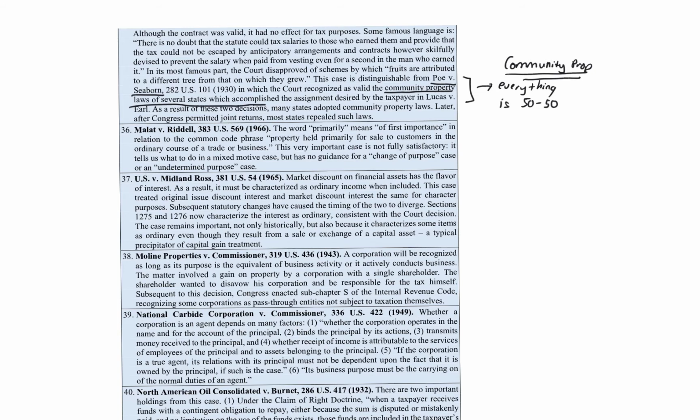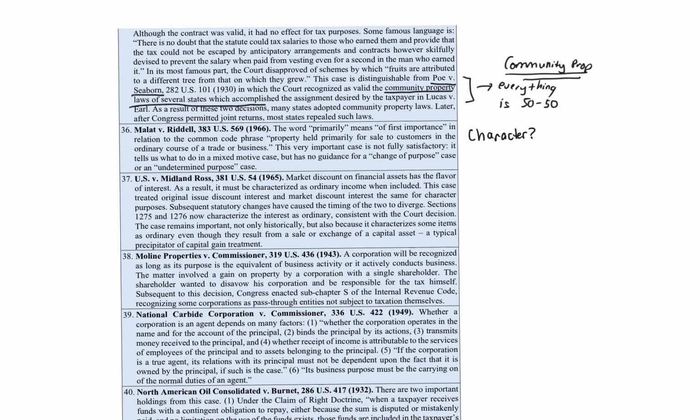So we're talking about Malat v. Riddle. In this case, the word primarily means of first importance, in relation to the code phrase property held primarily for sale to customers in the ordinary course of trade or business. This is going to be a character case, because when you're determining whether something is capital, you have to look at that capital asset list, and we focus a lot of times on whether something is inventory or business assets.